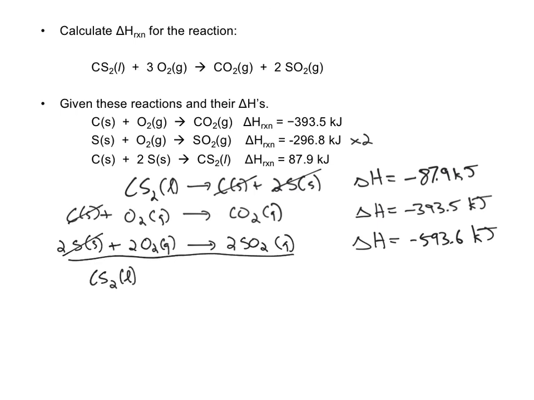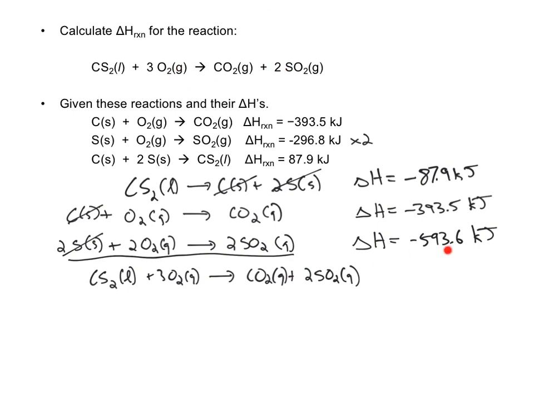And now these oxygens are on the same side, so they don't cancel, they're going to add together. And so I'm going to end up with 3 oxygens. And that's going to make CO2 plus 2 SO2. And so by adding them together in this way, I got the reaction that I was looking for.